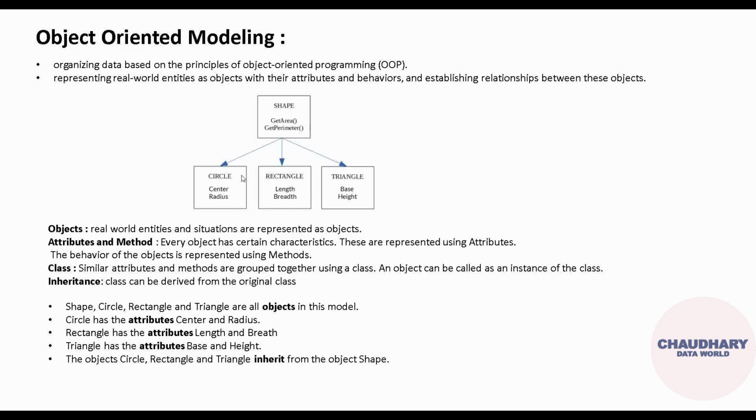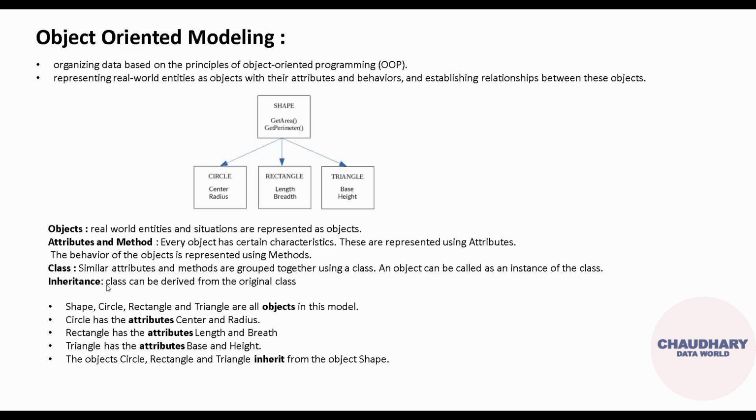Right now you can't see any class over here, but whenever an object is created in the real world, it falls under a specific class. Suppose you have a class of technology, right? Technology is a class. Under that technology class, we have the object mobile phone. Similarly, whenever similar attributes get grouped, they form a class.